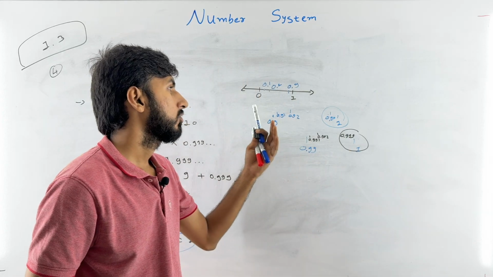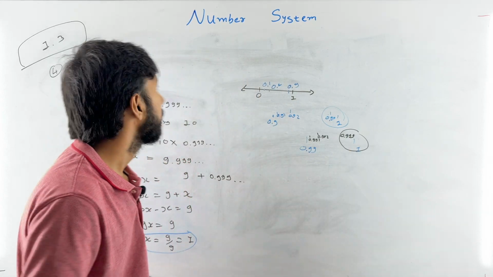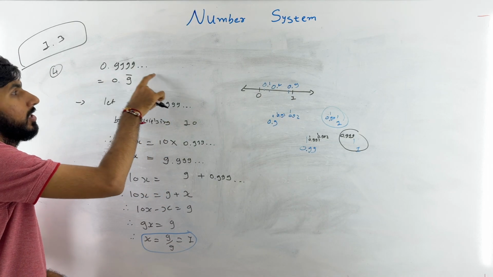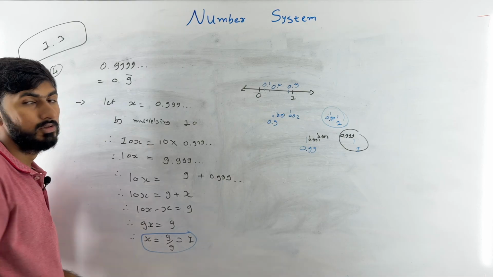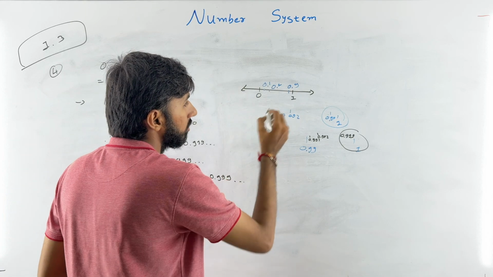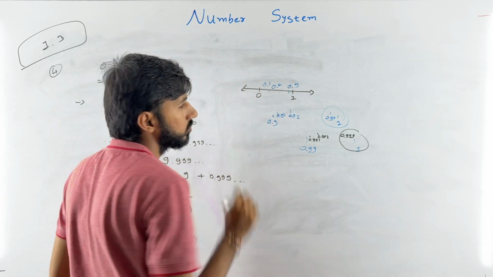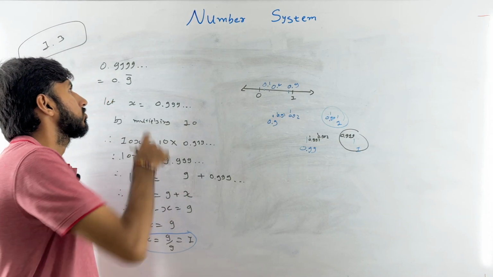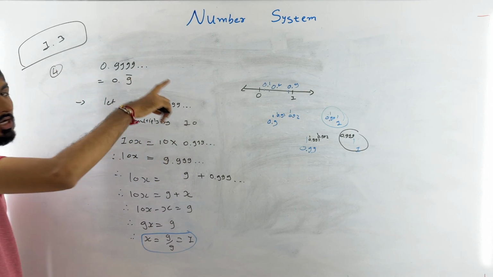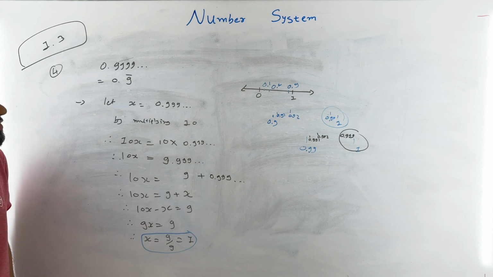If I do this step for infinite time, the number is 0.99999... The very next number after this is 1. So if you see on the number line, it is very close to 1. We can say it is the nearest number to 1, right? So we can take the value of 0.999... as equal to 1 in the form of p by q.